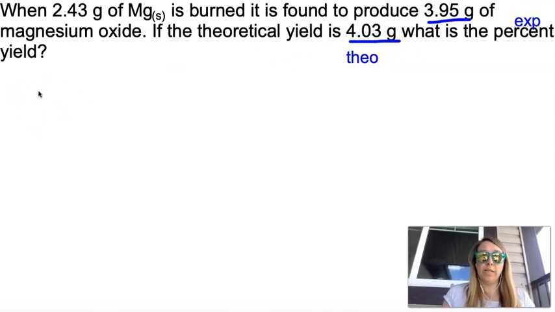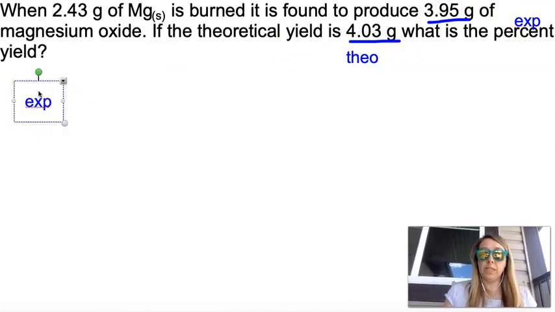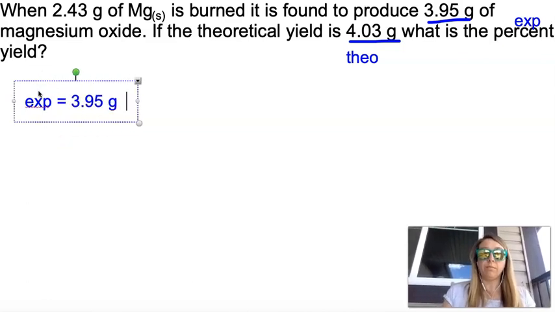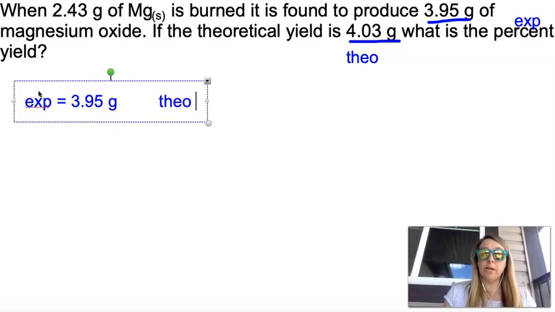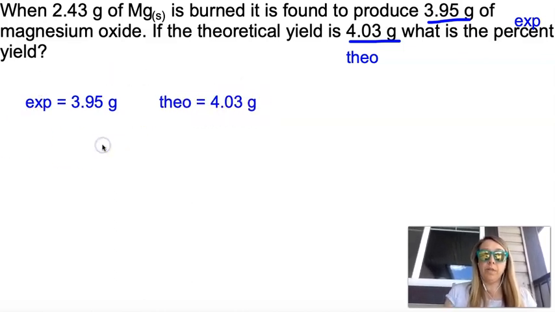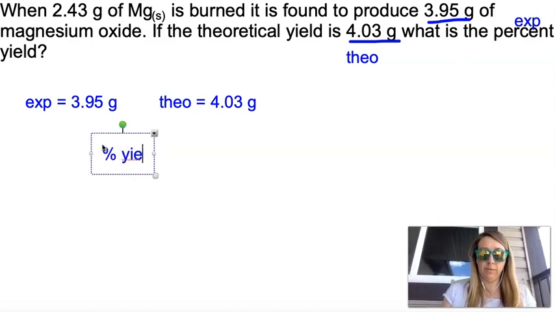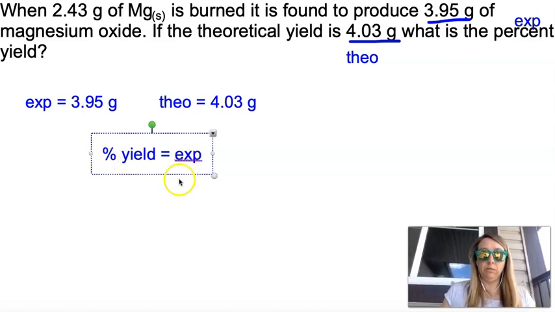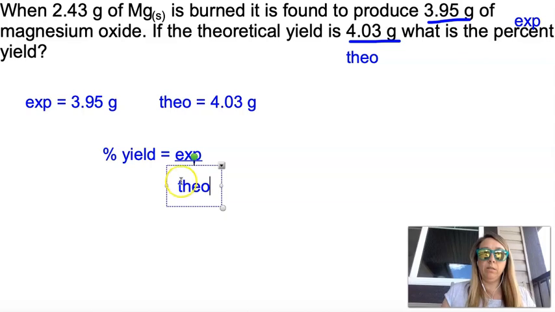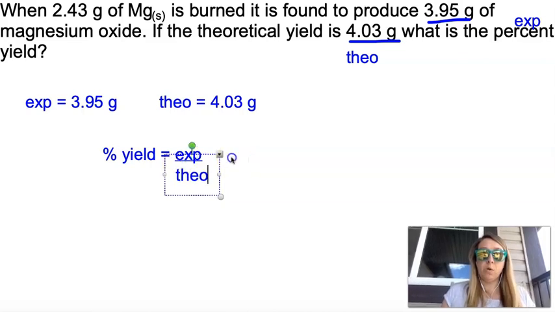So givens-wise, I already know that the experimental is 3.95 grams. And I already know that the theoretical is 4.03 grams, right? If we think about what our equation is, it's that the percent yield is equal to our experimental over our theoretical times 100.